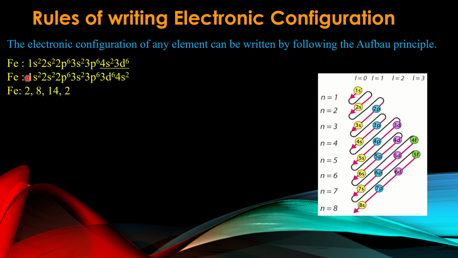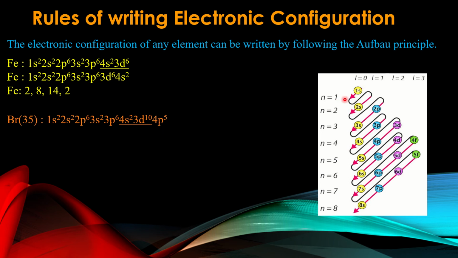But you have to write the electronic configuration in this way, and it follows the Aufbau principle. In this way, the electronic configuration of every atom can be written. Now, we can write another atom. Suppose this is bromine. The atomic number of bromine is 35.